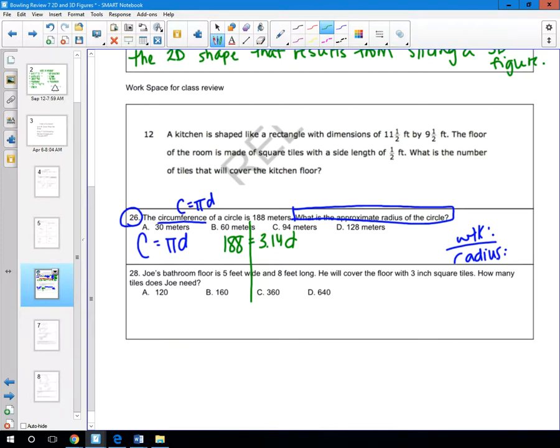How would you figure out what 3.14 times diameter would give you 188? How would you work backwards? What's happening with 3.14 and the D? They're being multiplied, so the opposite is to divide. And you may use a calculator, so 188 divided by 3.14, and I get approximately 5.7.